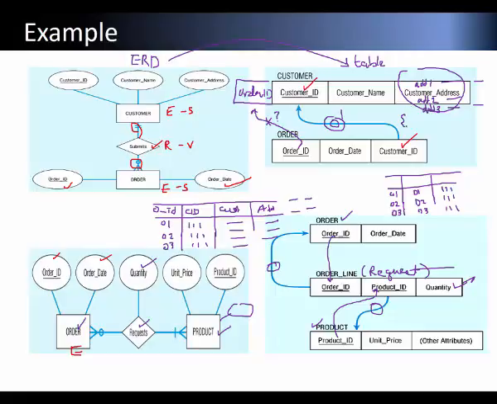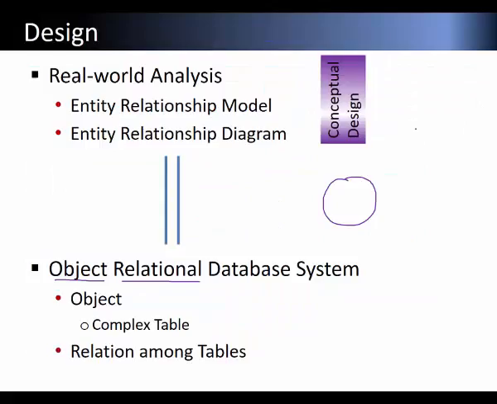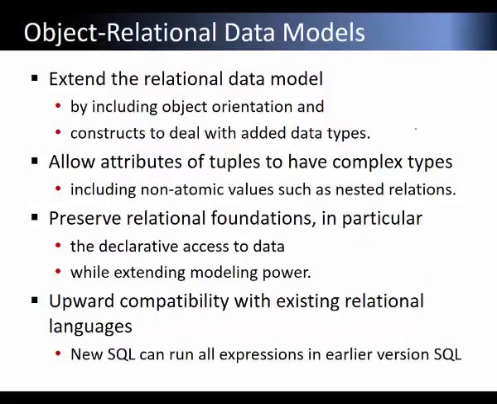We don't call set values like address 1, comma, address 2, and so on and so forth. Okay. The value for a cell should be an atomic value. It's not a set value. Non-atomic values. And preserve relational foundations.